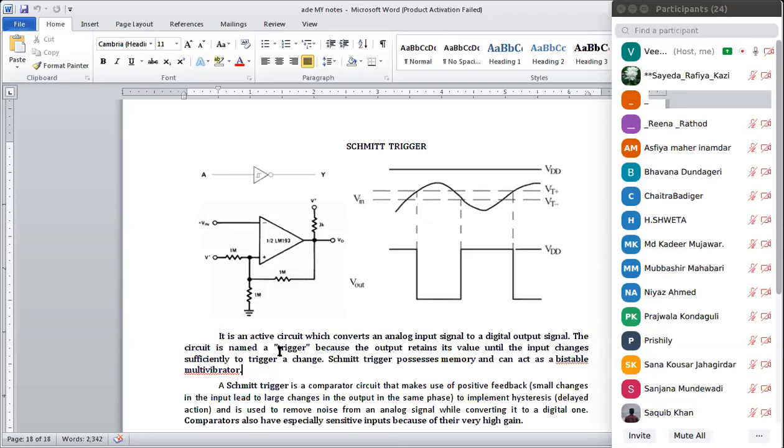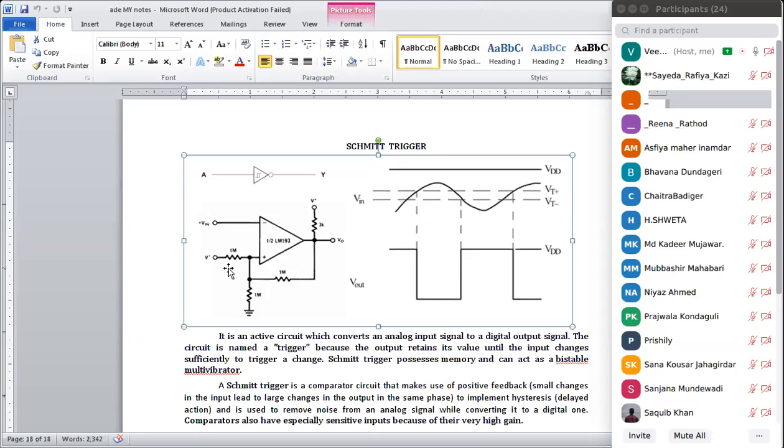The output will change only when an input value changes to a particular value, or we can say a particular point. Then only the output is going to change here.